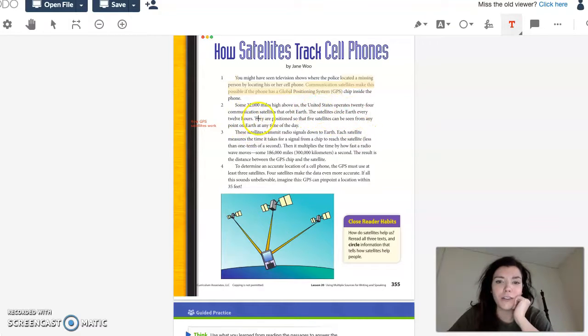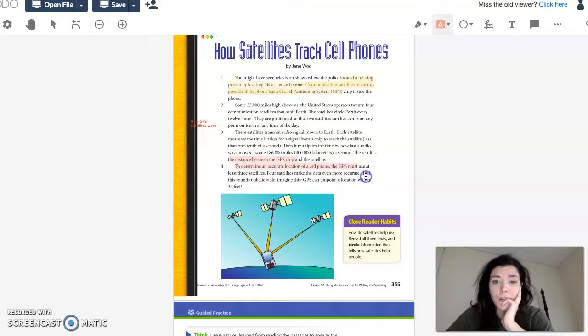The satellites circle Earth every 12 hours, but that was only in this article and not the other one. We can actually just use this quote right here. To determine an accurate location of a cell phone, the GPS must use at least 3 satellites.